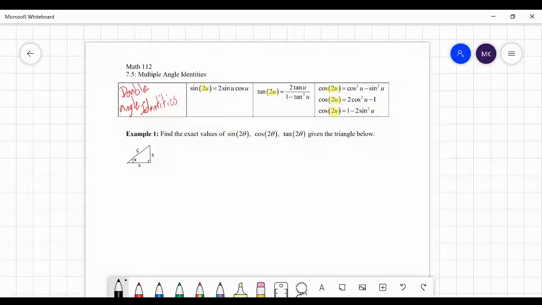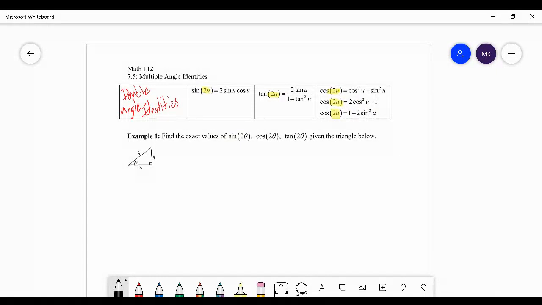And so very simply, our double angle identities, we have sine of 2u is 2 times sine of u cosine of u. Now this is actually something we saw in the last section when we did cosine of, I believe it was 2x, and we used the angle addition. So 2u, or 2x in that case, is really just x plus x.